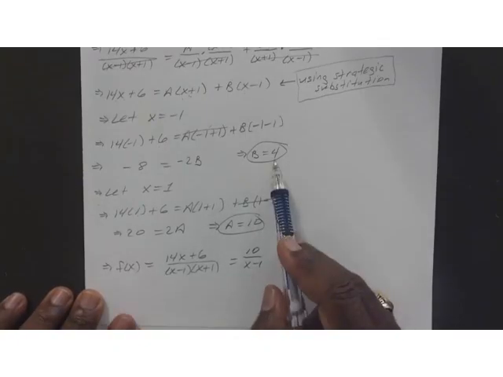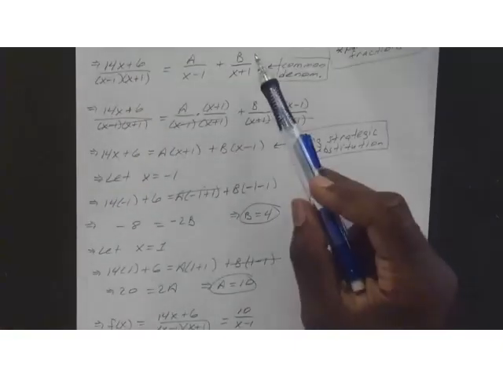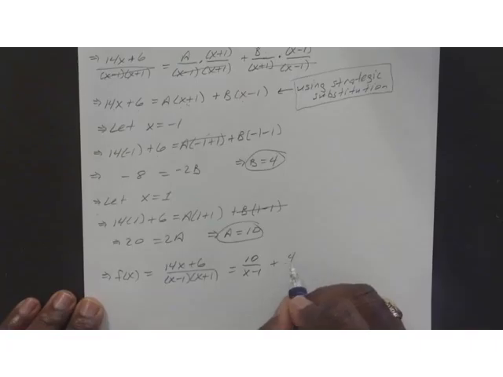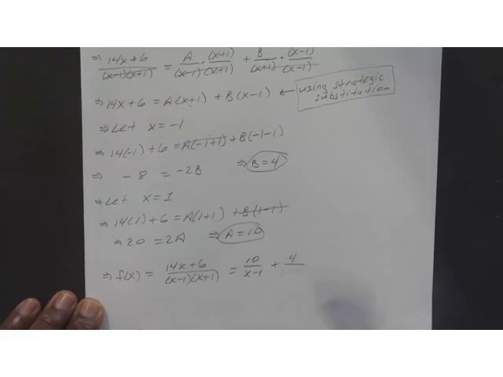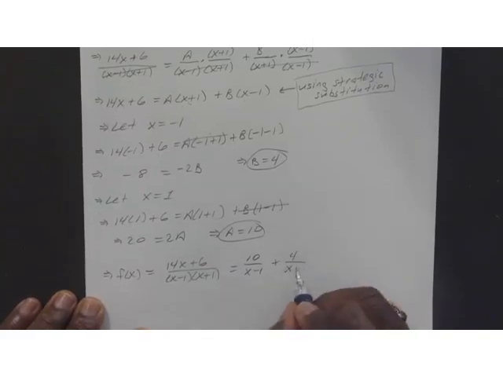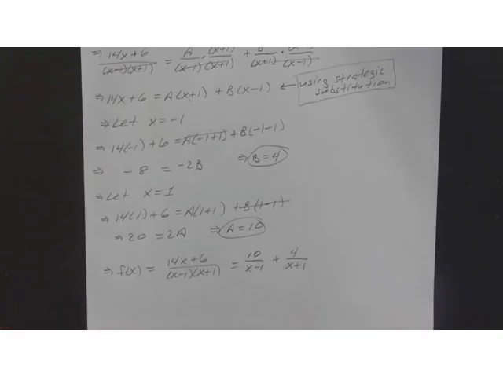And replacing our b with 4, so that'll be 4 over x plus 1. So plus 4 over x plus 1. Don't really need the parentheses there. Okay, so we have that one function that we now split into two.